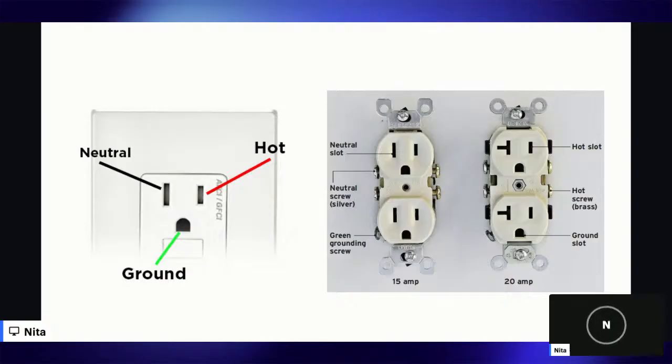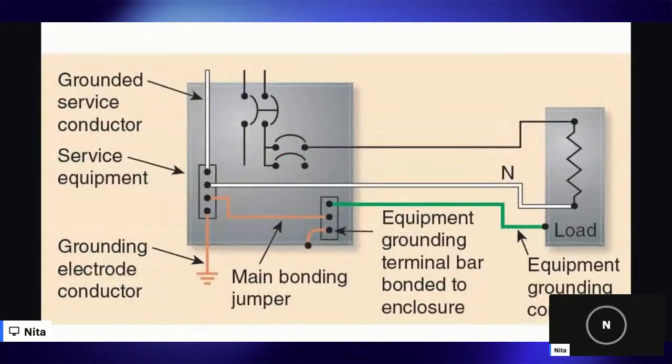I don't know how that works, but I know that some investors don't want to spend. They don't want to hire an electrician to add ground, and what they do is bootleg. I'm sorry, they bootleg the ground.